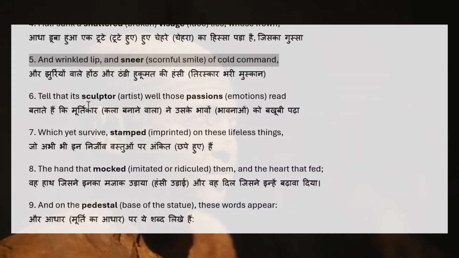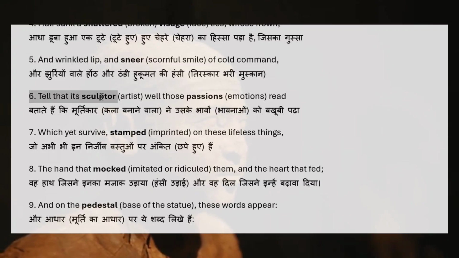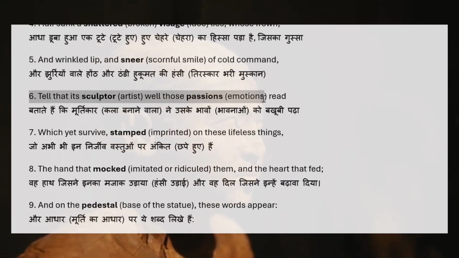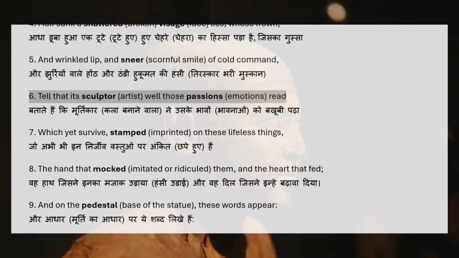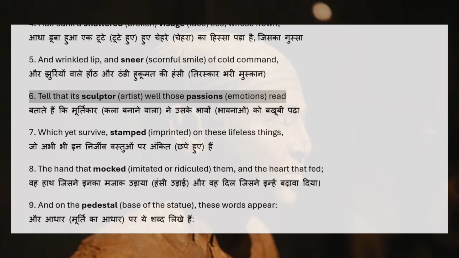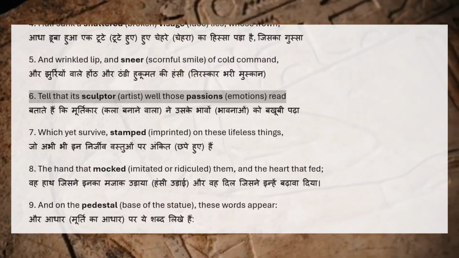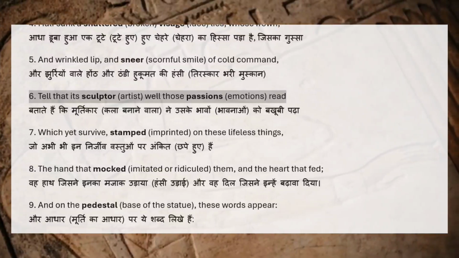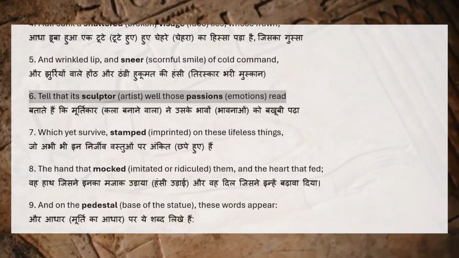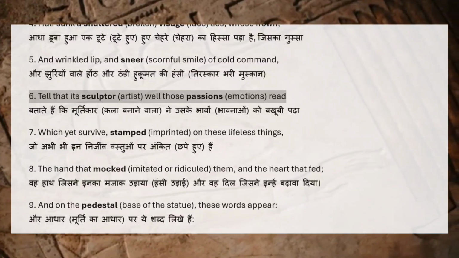Line number 6. Tell that its sculptor well those passions read. The sculptor could capture the ruler's personality and passions, or we can say strong emotions or desires. Despite the statue's broken state, the passions are so vivid that they seem almost alive, testifying to the artist's skill.